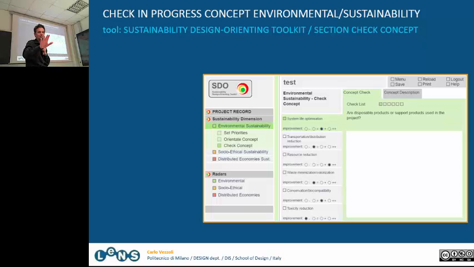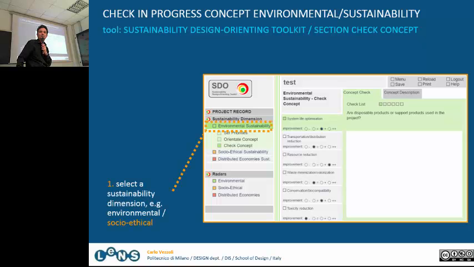You did your best to have a sustainable solution, but before really going deeper it's better to make a quick check of the real sustainability potential, to understand whether it's useful or not, and to readdress the process a little bit. For this, you are again using the Sustainability Design Orienting Toolkit.